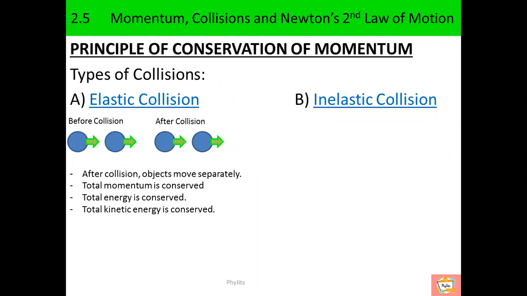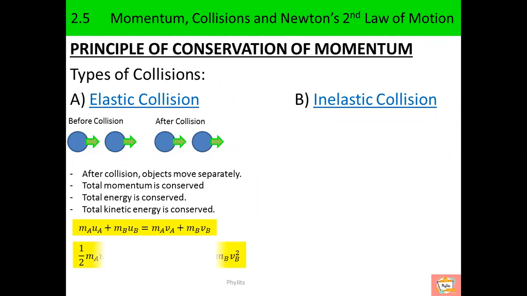Individually, they can be different kinetic energy, but the total must still remain 15. That is the meaning of it. So the main formula applies for this situation because they move separately, so they have different velocities.